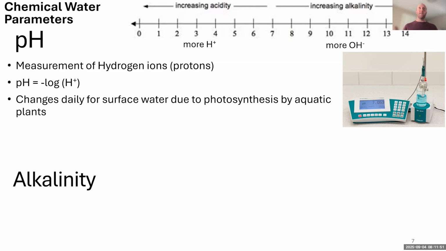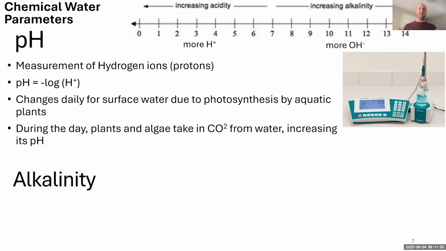They take in energy from the sun, and then they release carbon dioxide. During the day, when plants and algae are taking in carbon dioxide for their photosynthesis process, they are taking that carbon dioxide from the water, which when dissolved in water is called carbonic acid, and that actually increases the pH. The carbon dioxide is an acid, and so removing it shifts the pH more to the higher side.